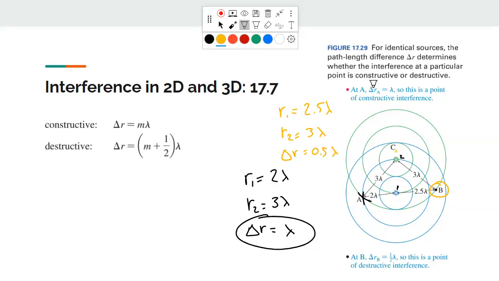So that's the case where we get complete destructive interference. At position B, the water will be just at the same height as it would be if there were no waves around. We can see that in this picture by the fact that there's a crest of the green wave while simultaneously there's a trough of the blue wave. So those two will cancel.